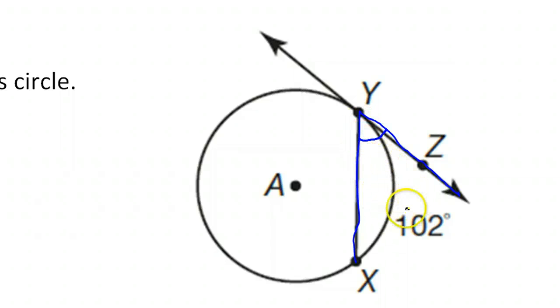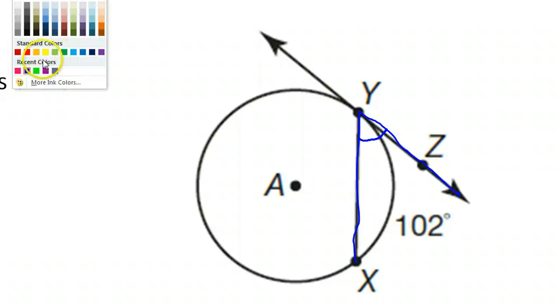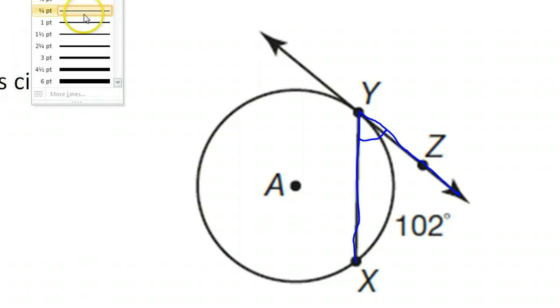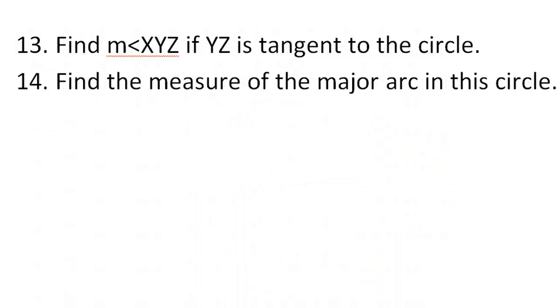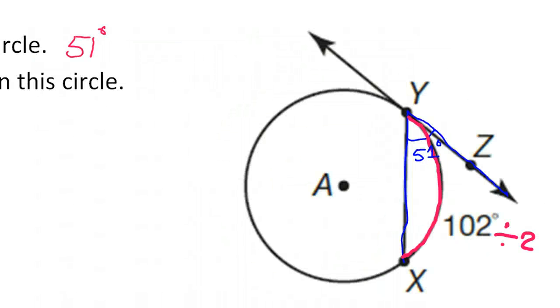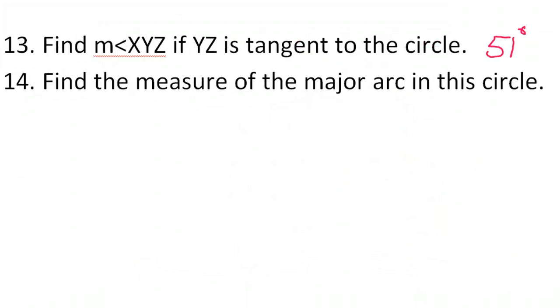So we've learned that if I'm dealing with the intercepted arc, such as this one, the angle is going to be half the intercepted arc. So if the arc is 102, then the angle will be 51. Simply divide by 2. And that's the answer to number 13.